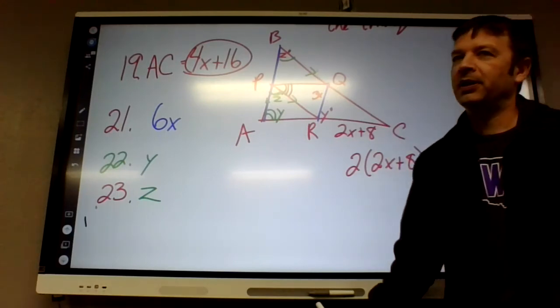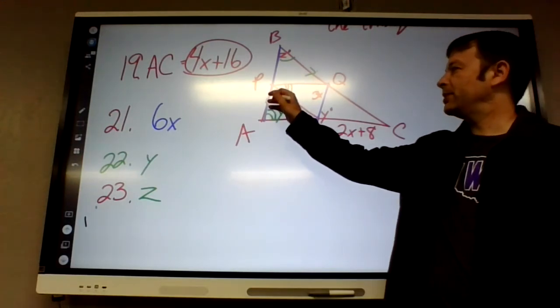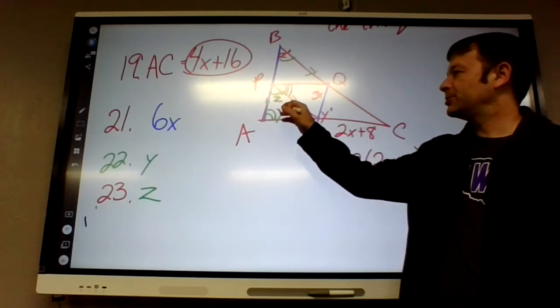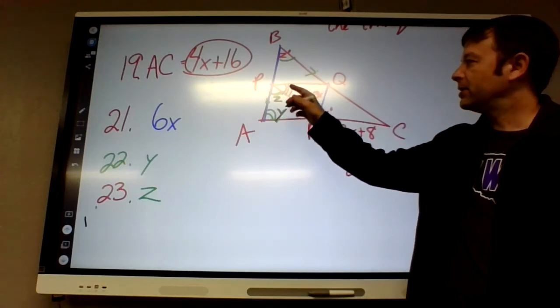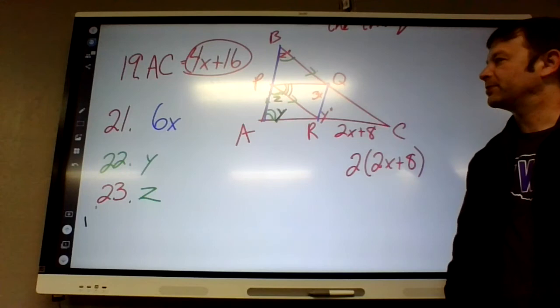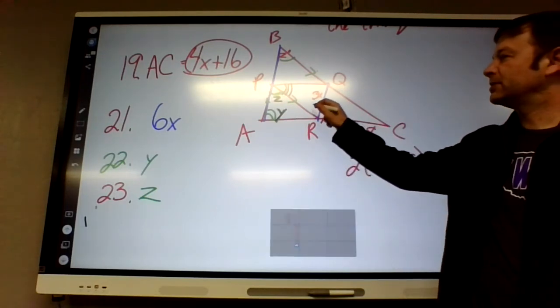So, are you guys ready for the magic here? Let's see. This one earlier, problem 23, we figured out was Z. And this one we figured out was Y. Z is an alternate interior angle with this one right here. You guys see it?